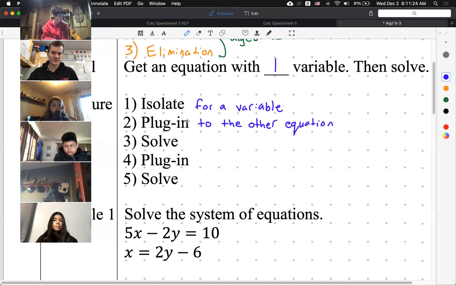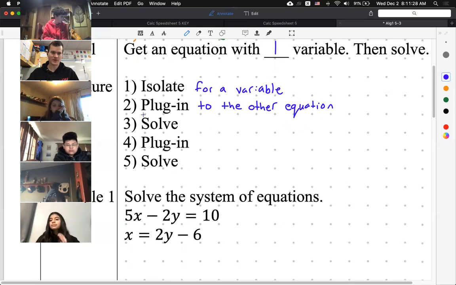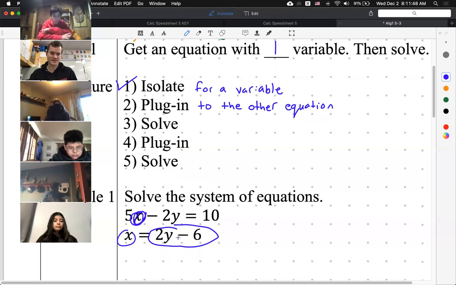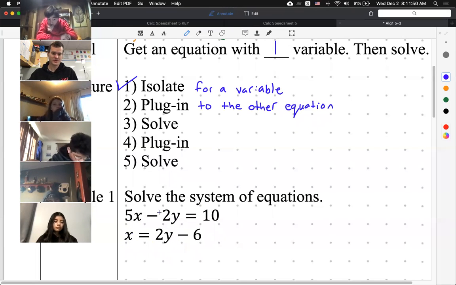I'm doing the steps and jumping back and forth between the procedure and example 1. We've already done step 1, so in your mind, say, okay, check. We've solved for the variable. X is equal to 2y minus 6. That's perfect. We are now going to plug into the other equation. Wherever I see an x in this equation up here, I'm going to replace this x with 2y minus 6, because x and 2y minus 6 are the same thing. So I'm going to rewrite this equation underneath.